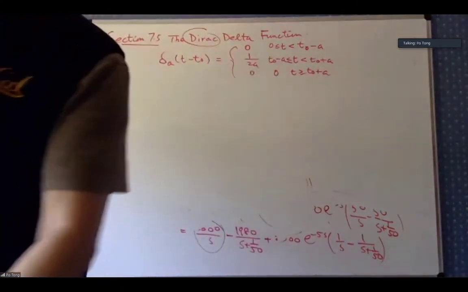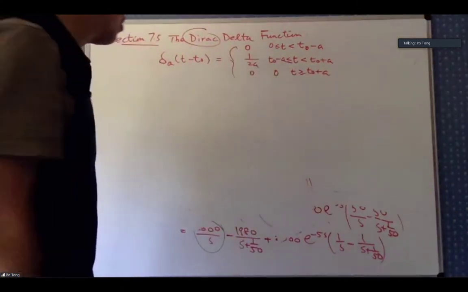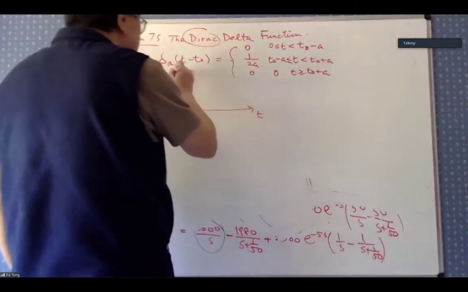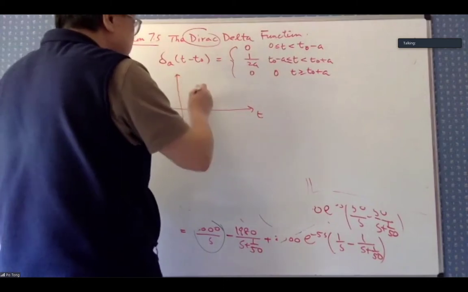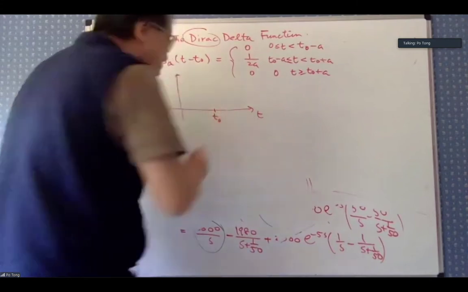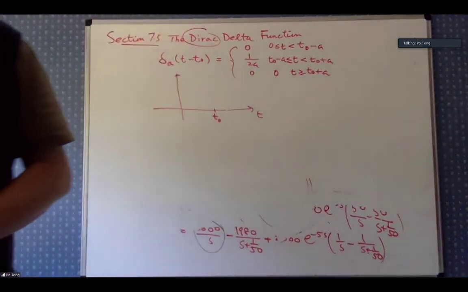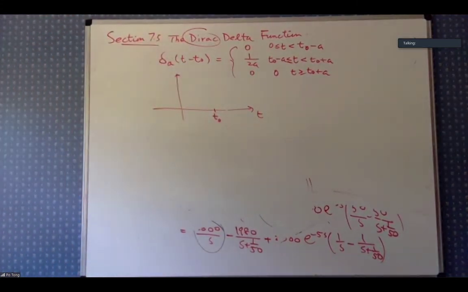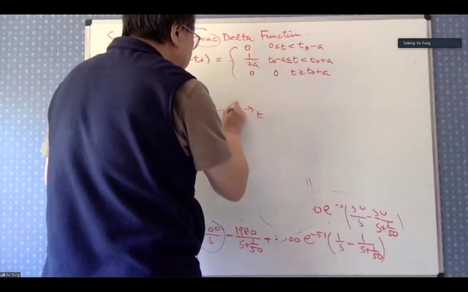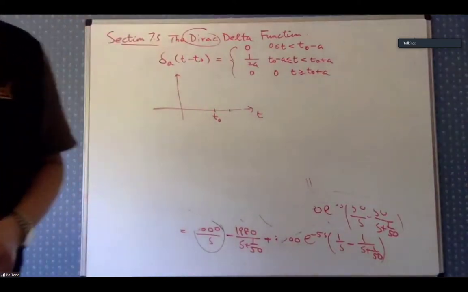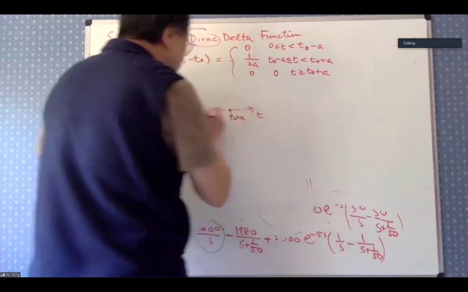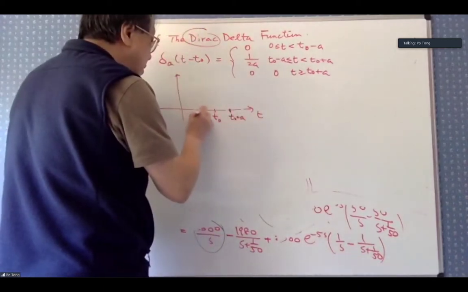Okay, it's a lot of writing there, but geometrically, this is what happened, guys. You have this point here, t0, and you have t0 plus a here. You have t0 minus a here.